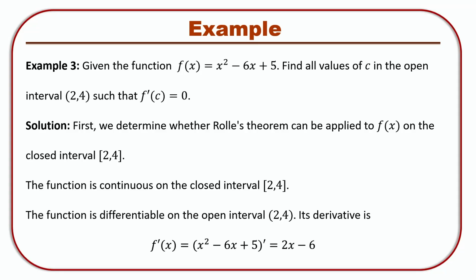Example 3: given the function f(x) equal to x square minus 6x plus 5, find all values of C in the open interval (2, 4) such that f'(C) equal to 0. Now the function is given and we are asked to find the point in the given open interval (2, 4) such that the derivative of the function at that point is equal to 0.